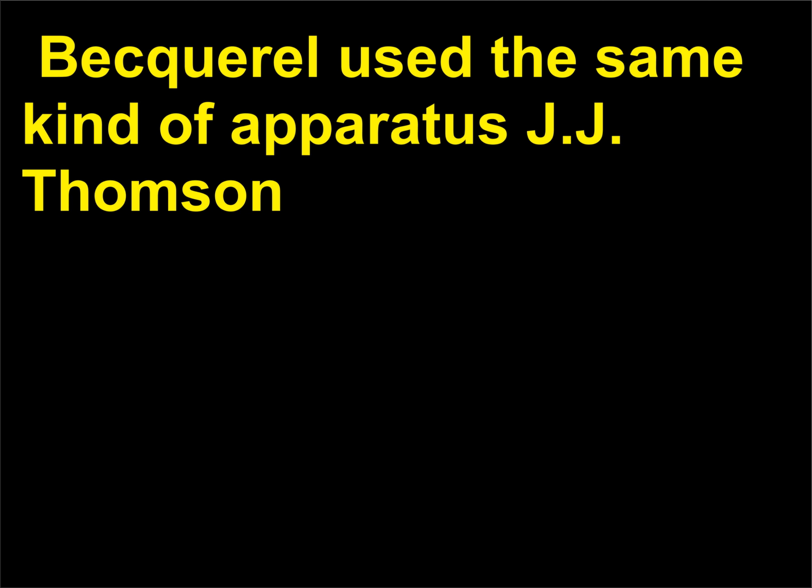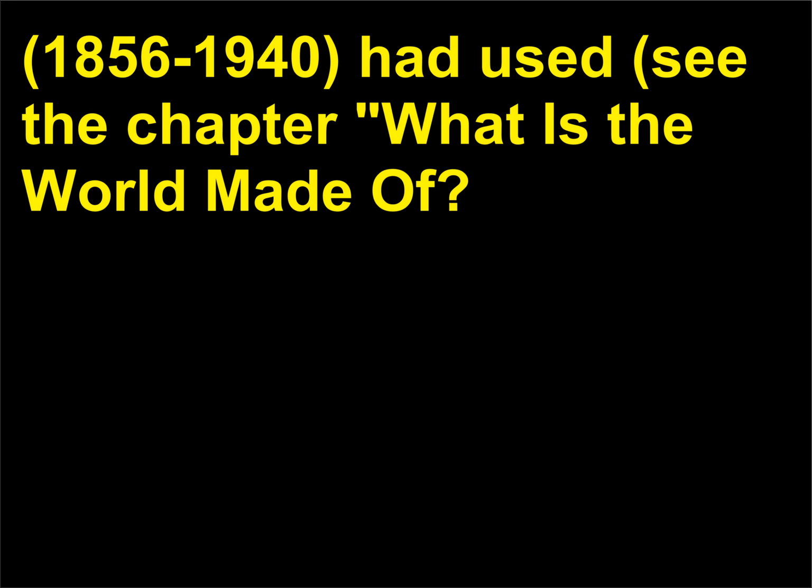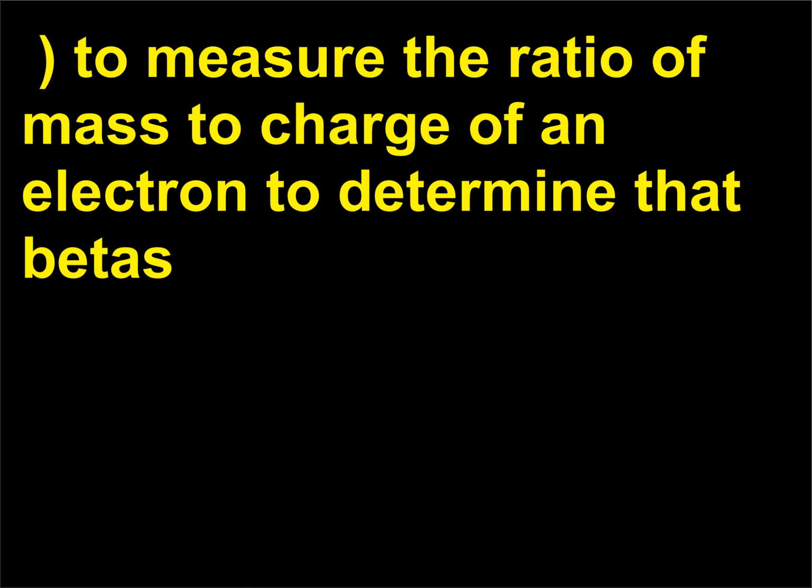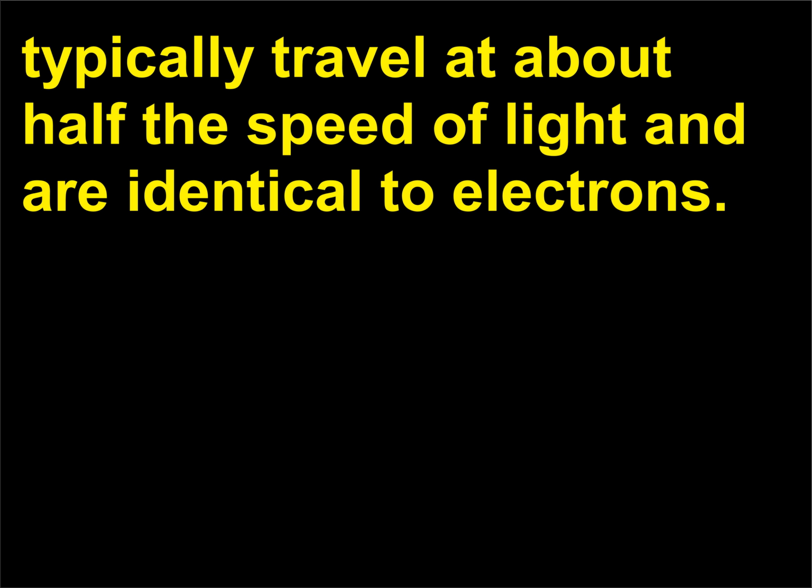Becquerel used the same kind of apparatus J. J. Thomson, 1856 to 1940, had used, see the chapter What is the World Made of?, to measure the ratio of mass to charge of an electron to determine that betas typically travel at about half the speed of light and are identical to electrons.